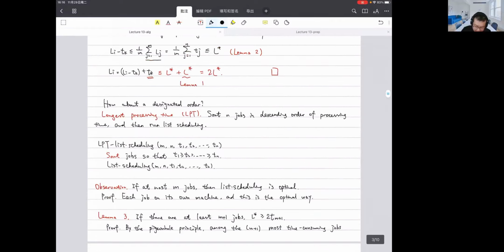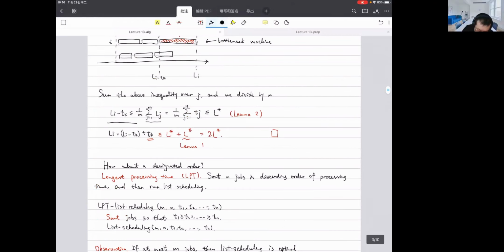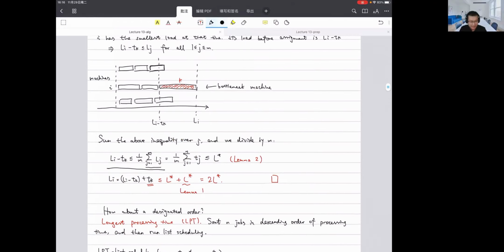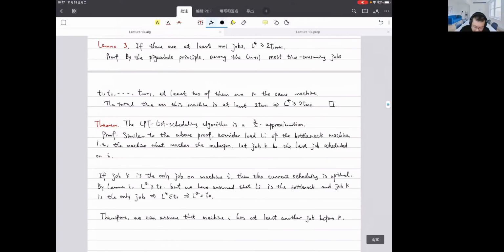In particular, in this greedy algorithm, in the figure above, we have established that Li minus Tk is smaller than 1 over m times the summation of all the processing times. So here, we are going to use the same inequality.